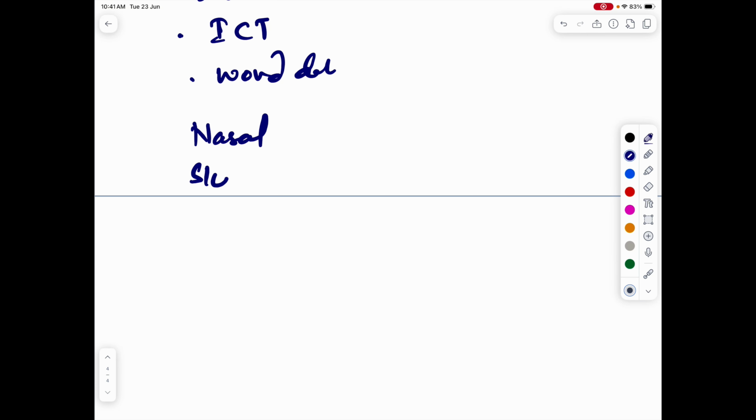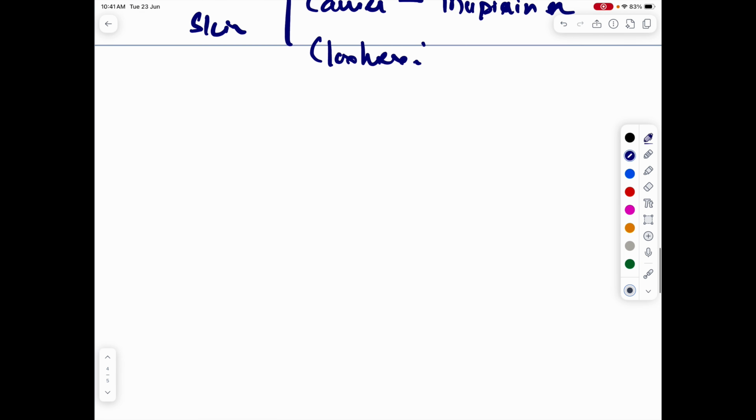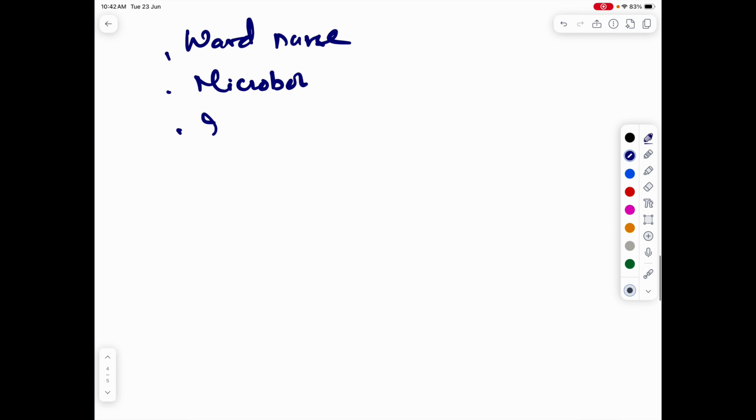So carriers are to be decolonized by mupirocin nasal spray or chlorhexidine for the skin and body shampoo. The ward nurse is involved in this, the microbiologist is involved, and then you have to inform the infection control team.